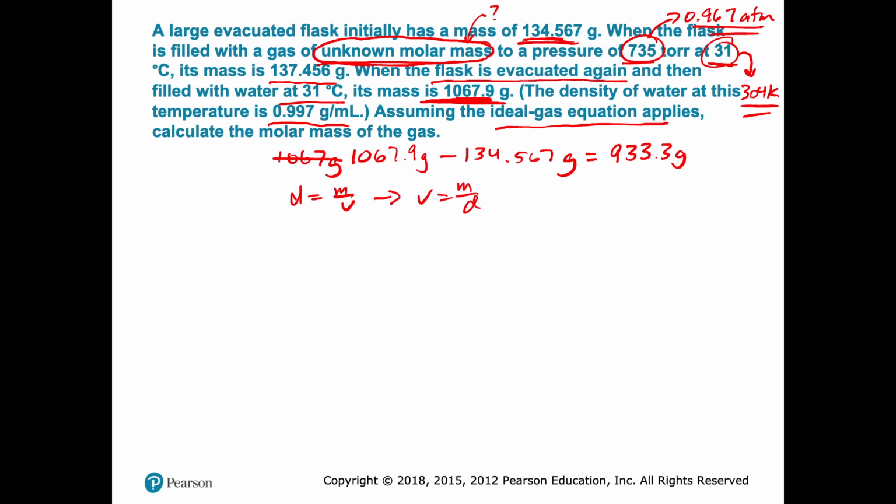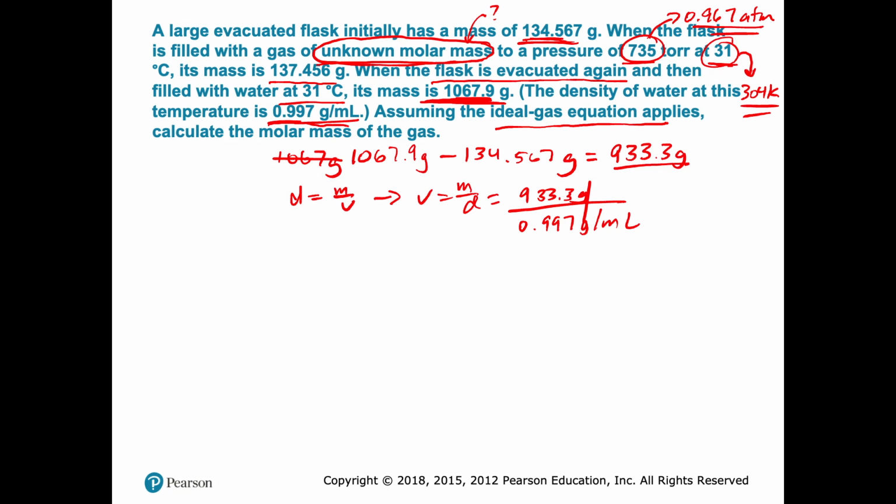So all you have to do now is take the mass of the water, 933.3 grams, divided by the density of the water, which is given to us right here, 0.997 grams per mL.